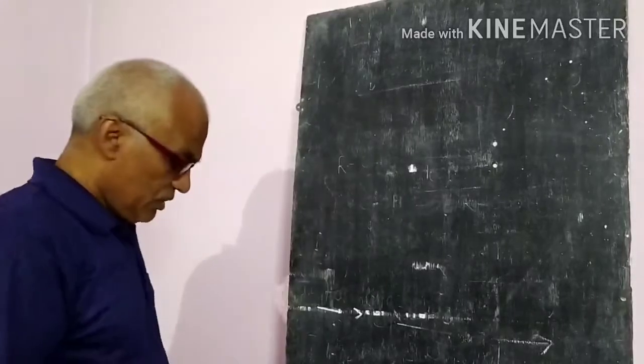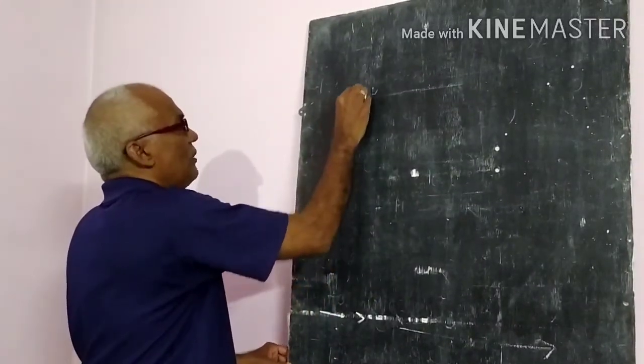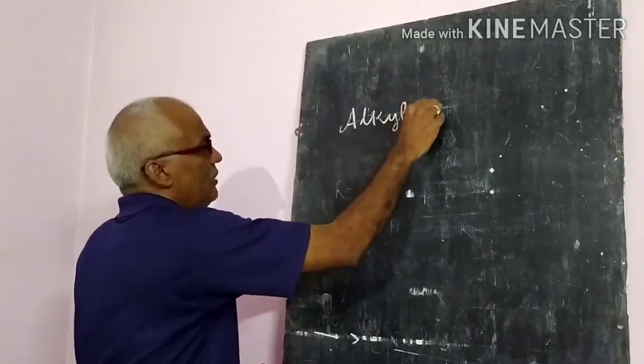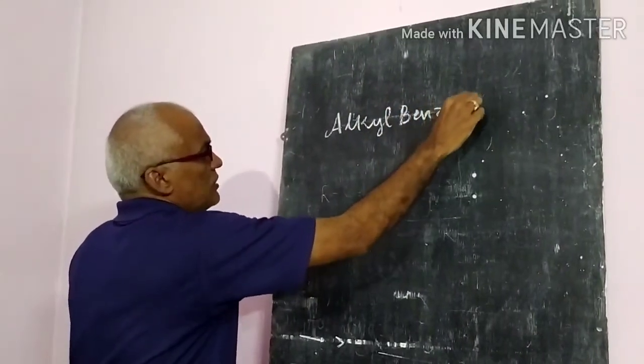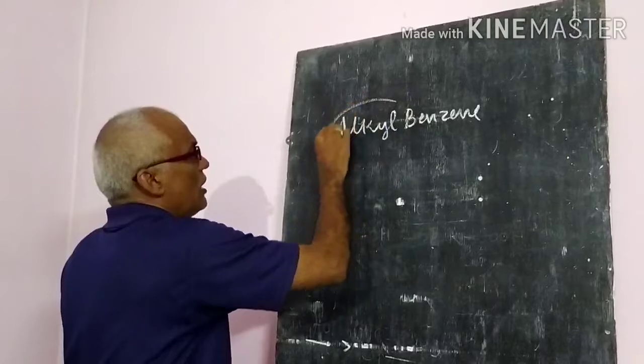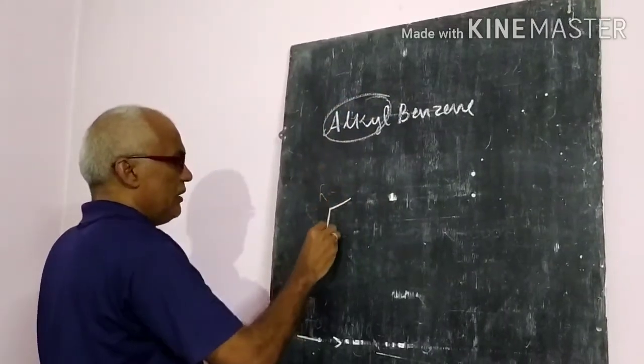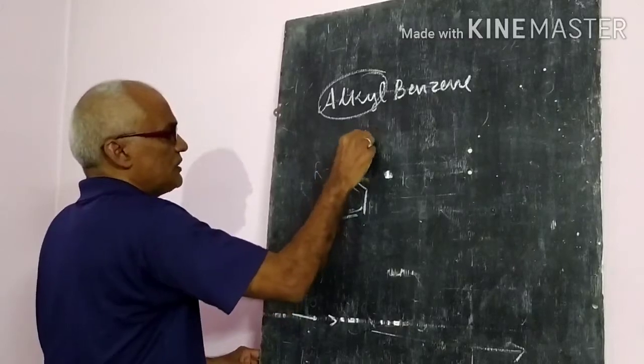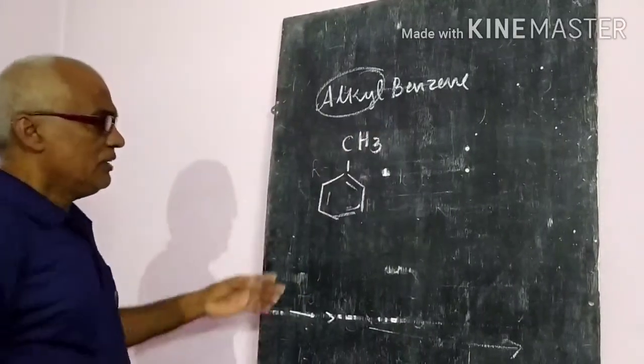The second method, we will say, is from aryl or alkyl benzenes. That means in the benzene, we have to note the alkyl group. Suppose it is a benzene with an alkyl group, CH3, then what is it called?